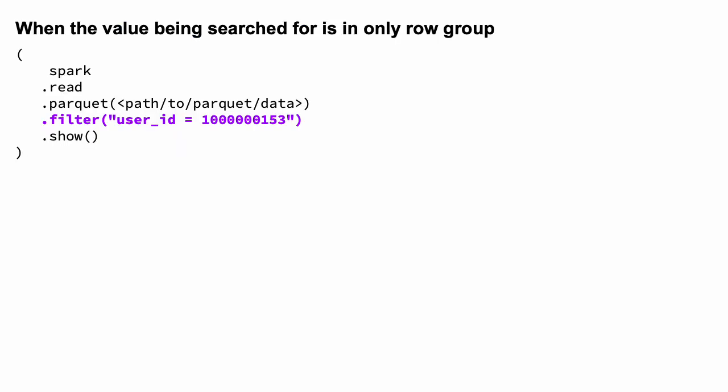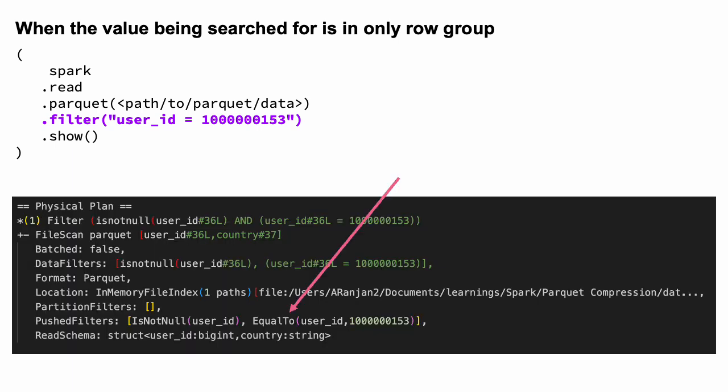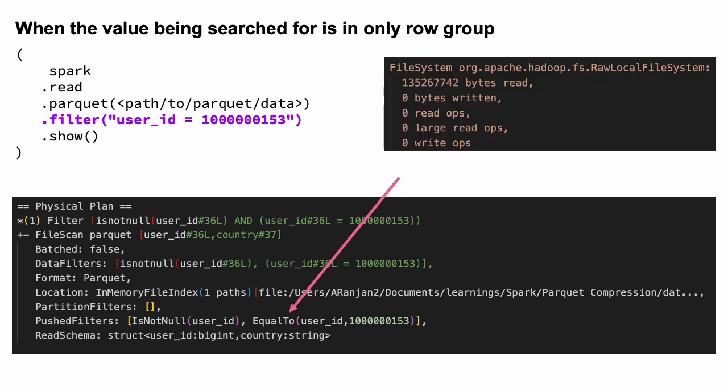So let's take an example. We are trying to filter for a certain user ID. In the physical plan, you can see that this filter has been pushed down to the storage. And once we actually run this, we see that 130 megabytes of data was read. You remember that we had two files and overall the size was 560 megabytes, but we are not scanning all the files based on their statistics, because this user ID was present in the min-max range of only one row group.